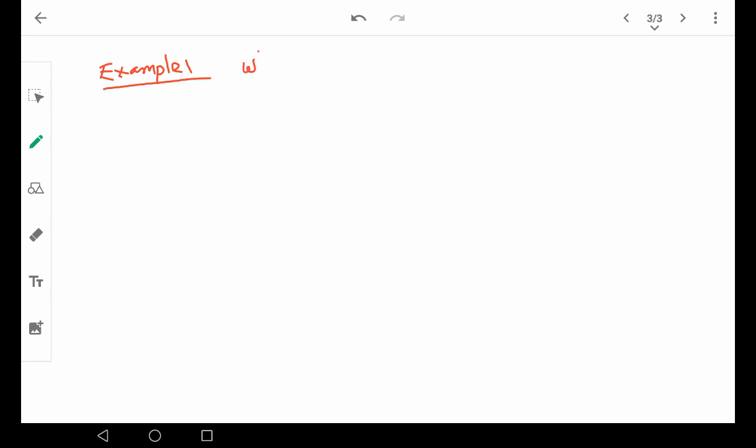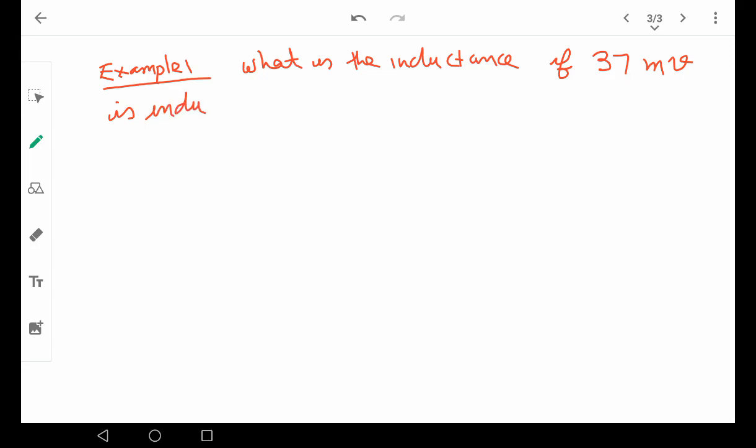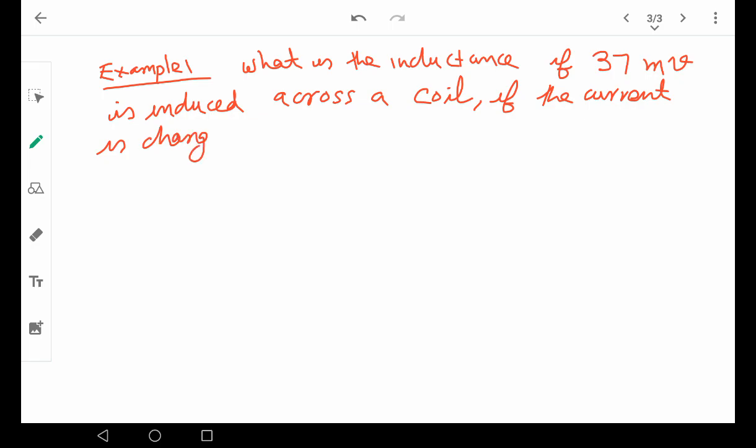What is the inductance if 37 millivolt is induced across a coil if the current is changing at a rate of 68 milliamperes per second? We have to find the answer.